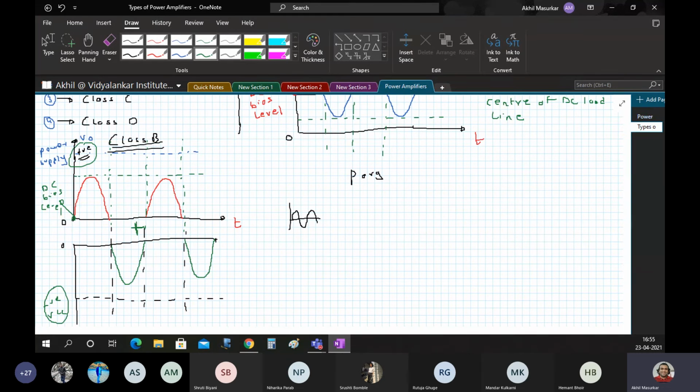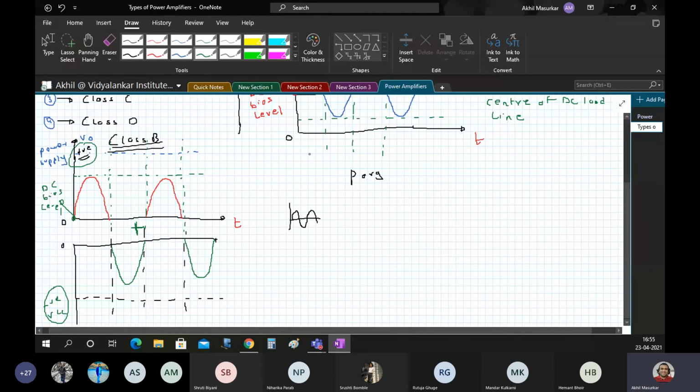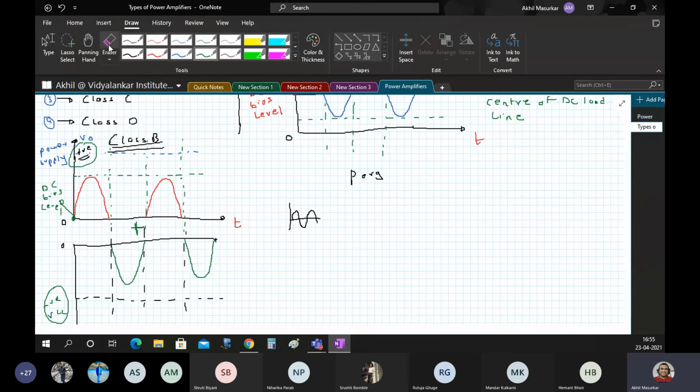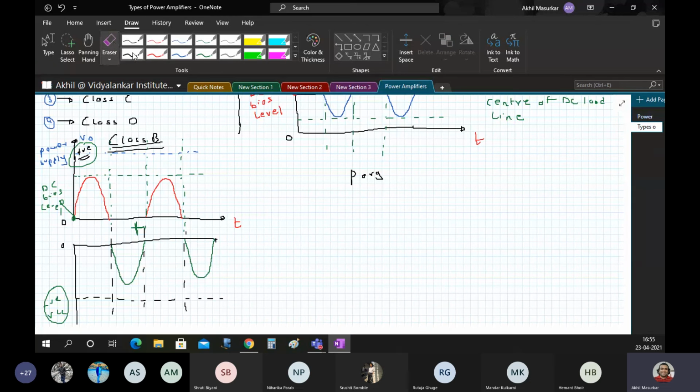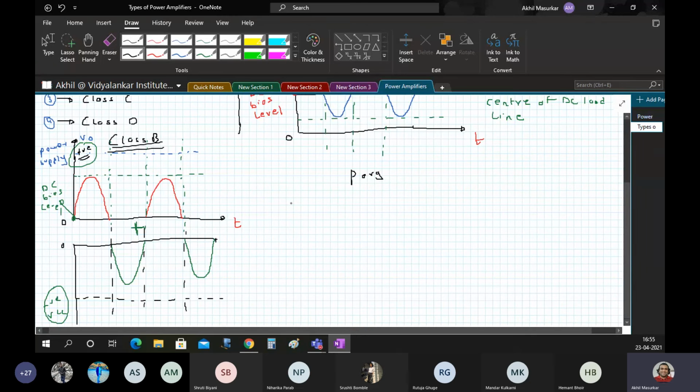If you want to summarize this, I will make a small table here. We will write the class of the amplifier, then efficiency, and then operation interval.